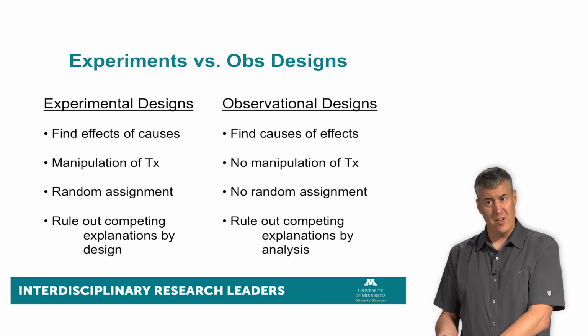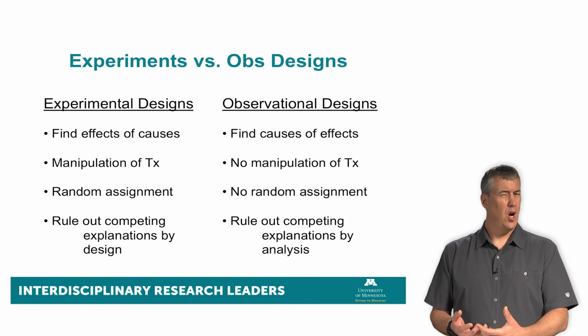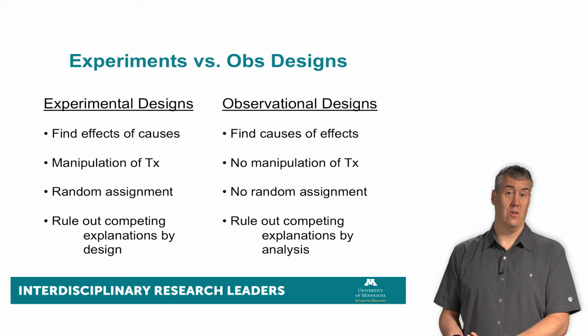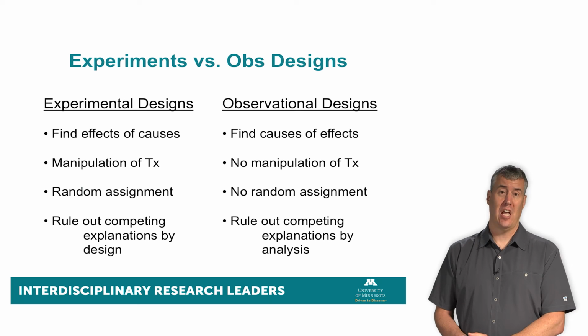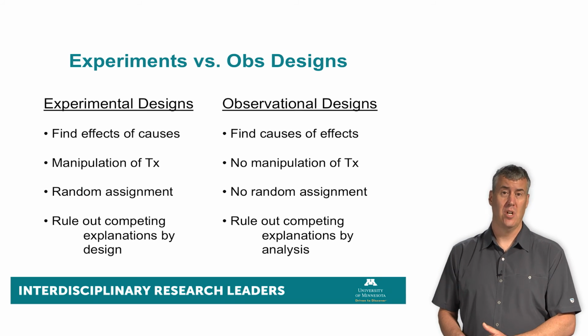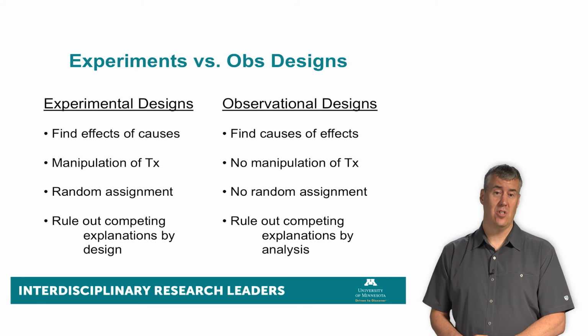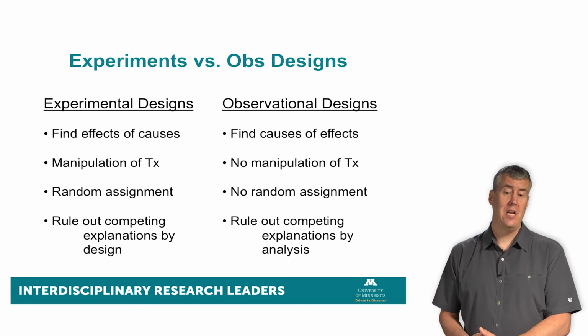That is, we observe the differences in health and try to see what caused it, appreciating all kinds of things could have caused it because we didn't manipulate anything. There's no random assignment. People are deciding to choose, and I put choose in quotes, to eat more McDonald's, exercise less, all of these things. We have to rule out competing explanations by analysis.